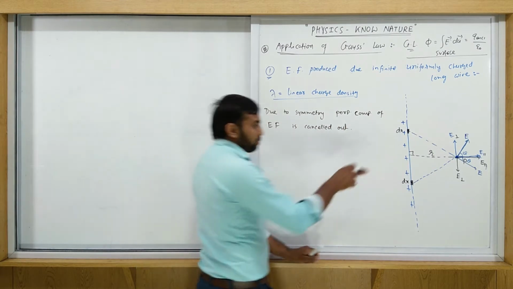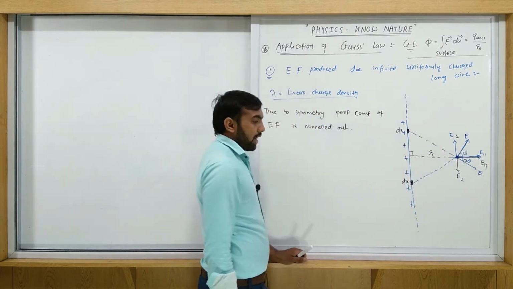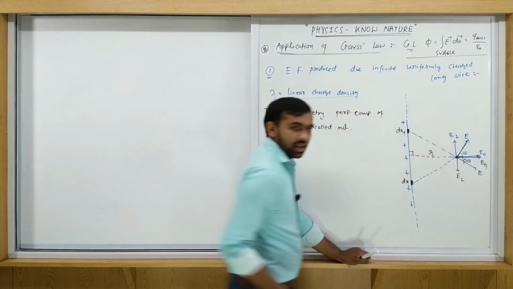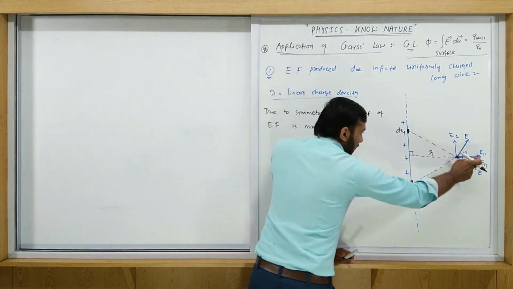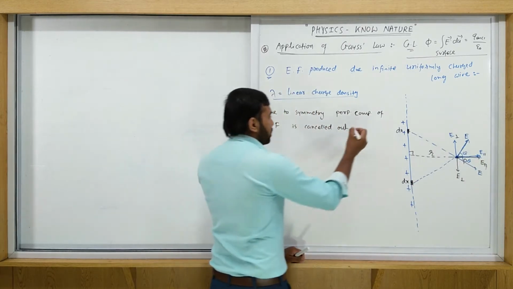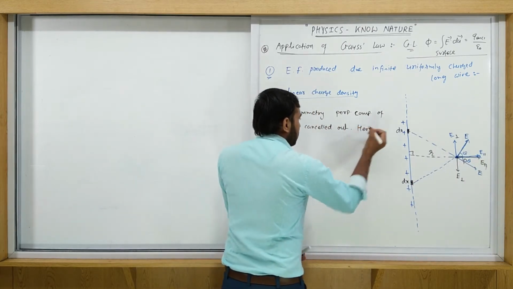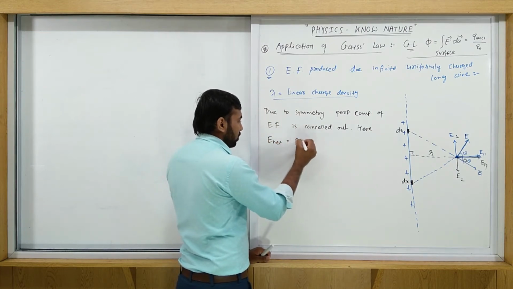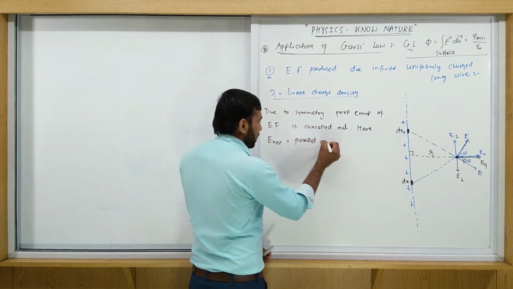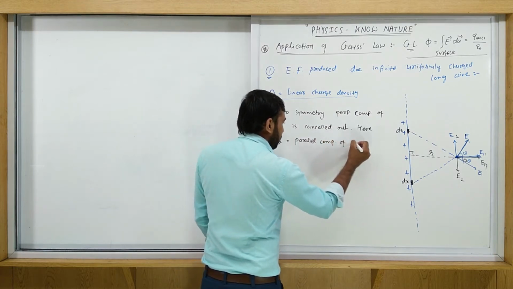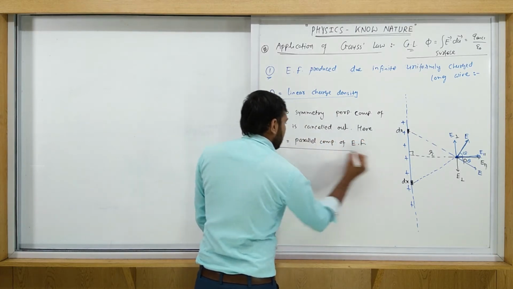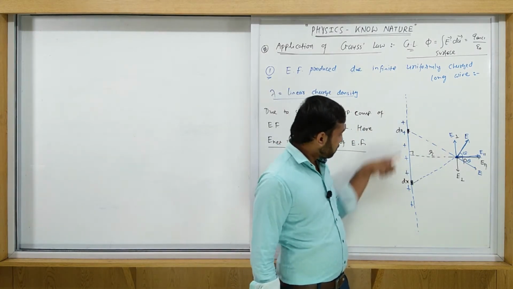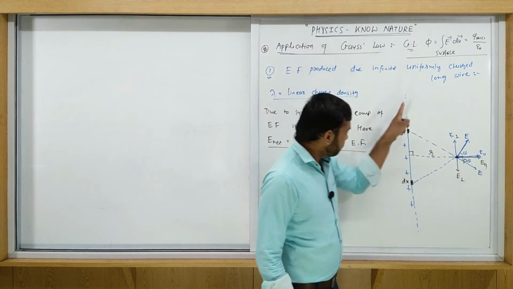Only the parallel component remains, parallel to r, and we count only this component. So E net is equal to the parallel component of the electric field, parallel to r. Actually, if you consider the wire, then this E parallel is perpendicular to the wire.